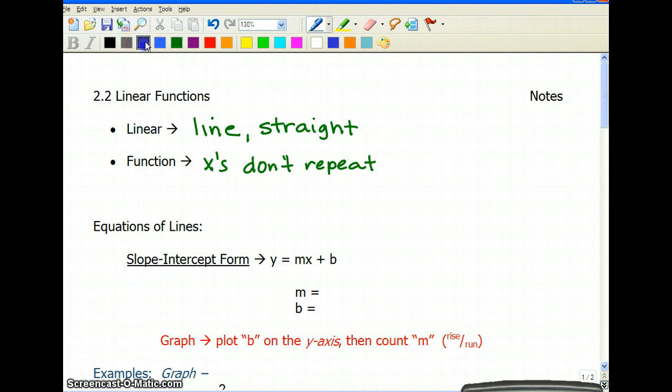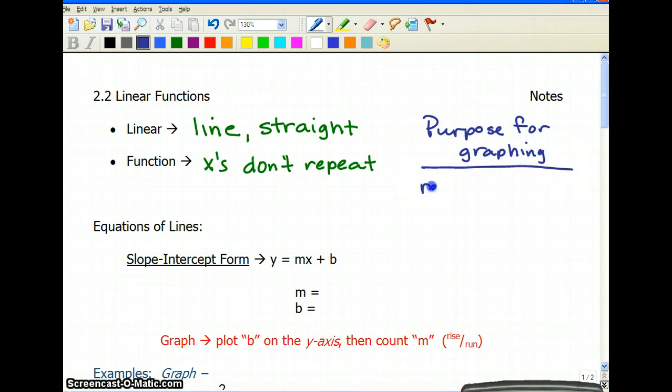What's the purpose for graphing? It's important that you know this. Purpose for graphing a line is to represent all possible solutions that make the equation true.